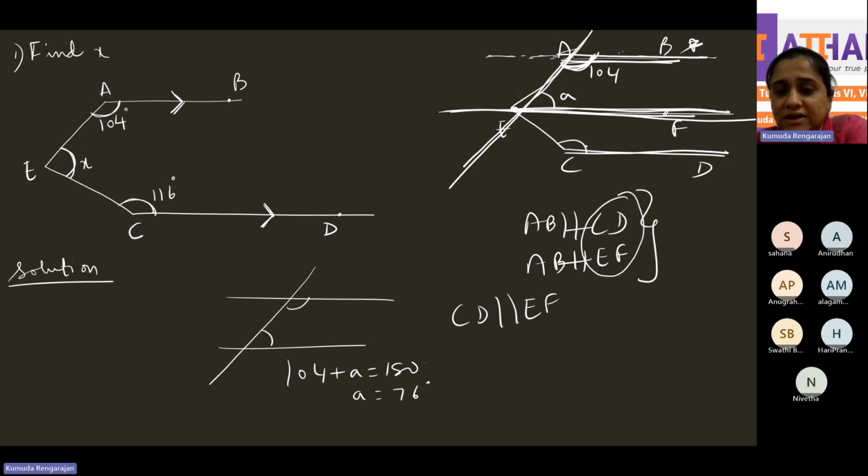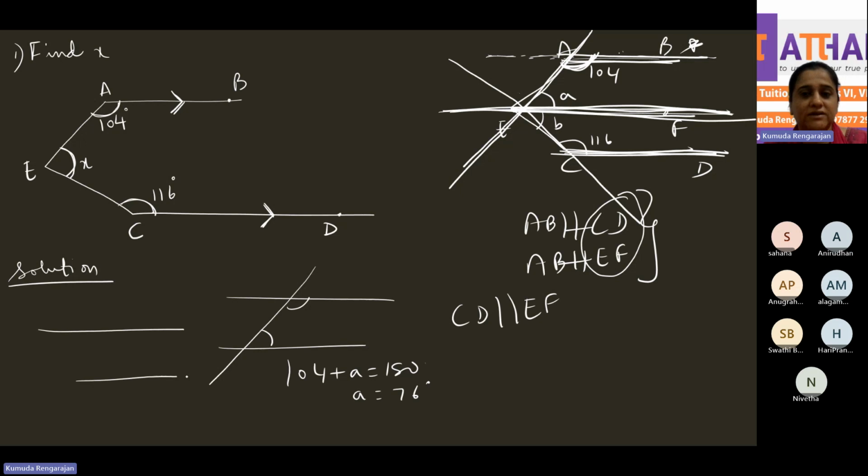Now we know that this is 116 degrees. Mark this angle as B. Now what do you have here? EF is parallel to CD, and this is the transversal. It's very important to identify the parallel lines and the transversal. This is EF, this is CD, and this is the transversal.